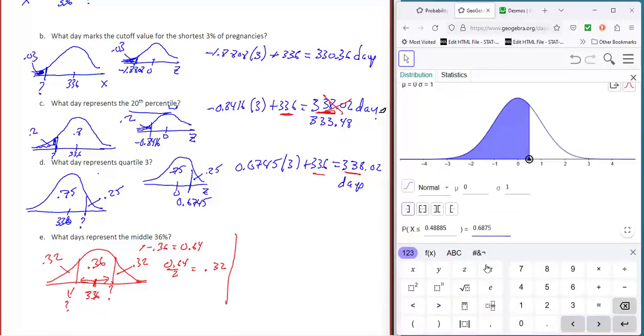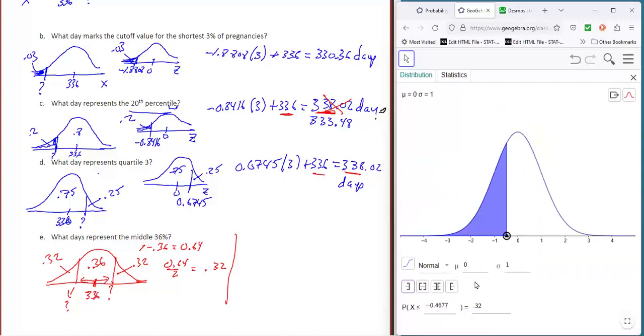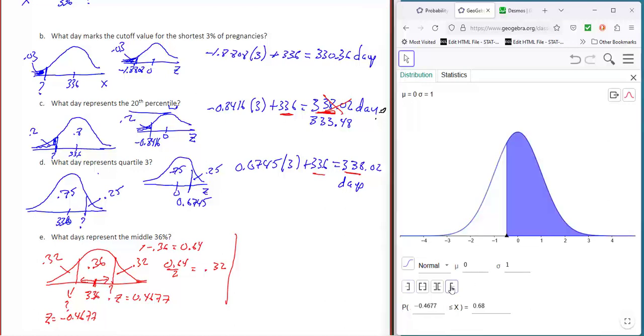I enter here 0.32, and I find that this value as a z-score is negative 0.4677. What's on the other side? Well, because I move symmetrically, this value over here should be positive 0.4677.